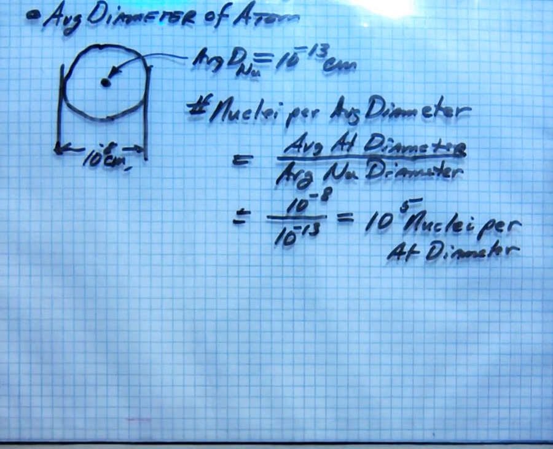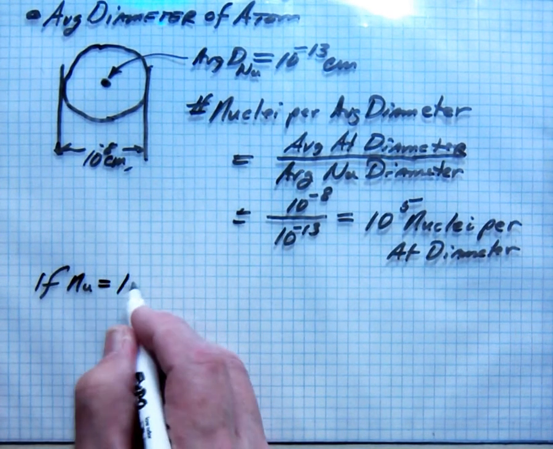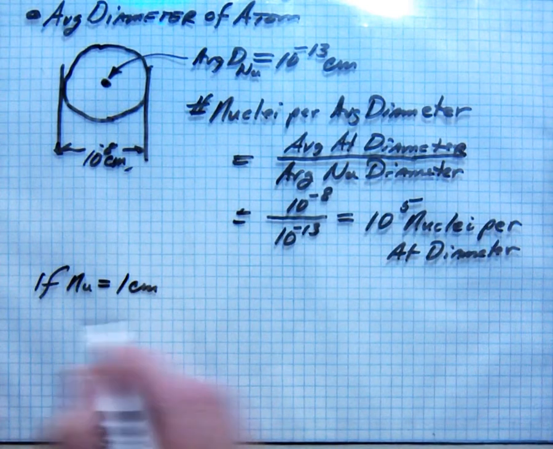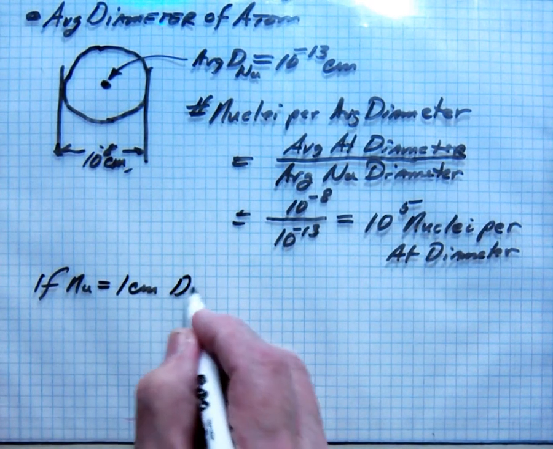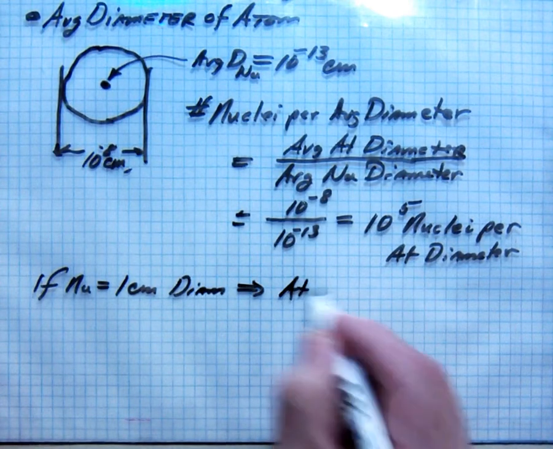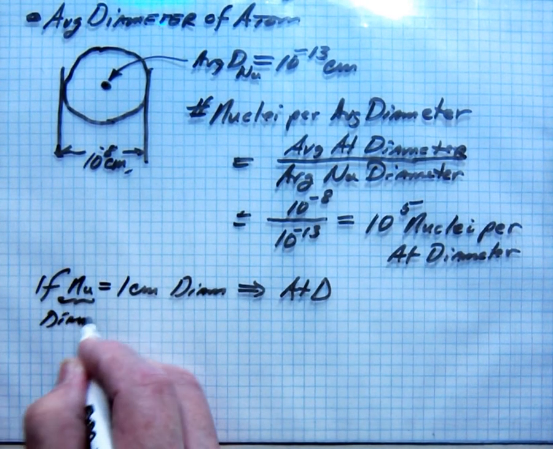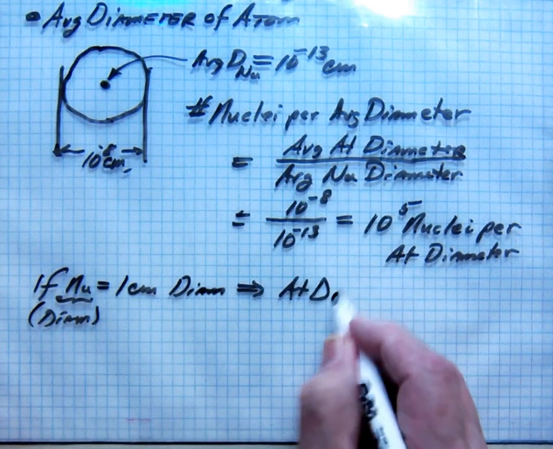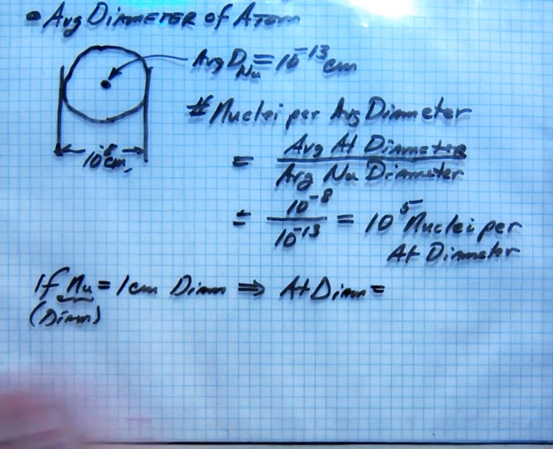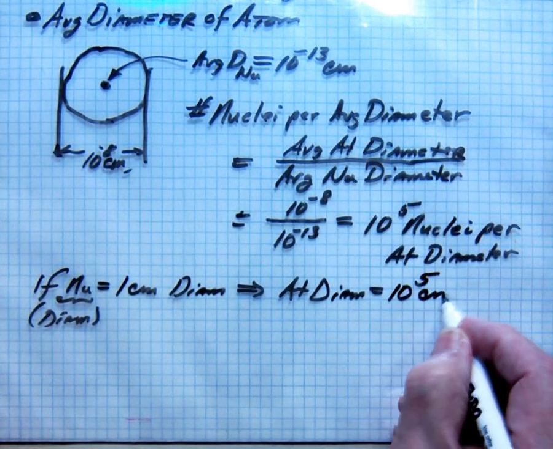That is, in a general sense, if nucleus equals 1 centimeter diameter, then the atomic diameter is equal to 10 to the 5th centimeters.